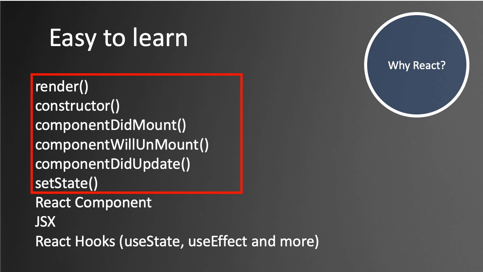And then in order to access things like state and lifecycle events, we can use these things called React hooks, which is a very recent introduction to React. And it's designed to save us from needing to create class components and instead just use normal JavaScript functions to create our components. But all of that's coming up.